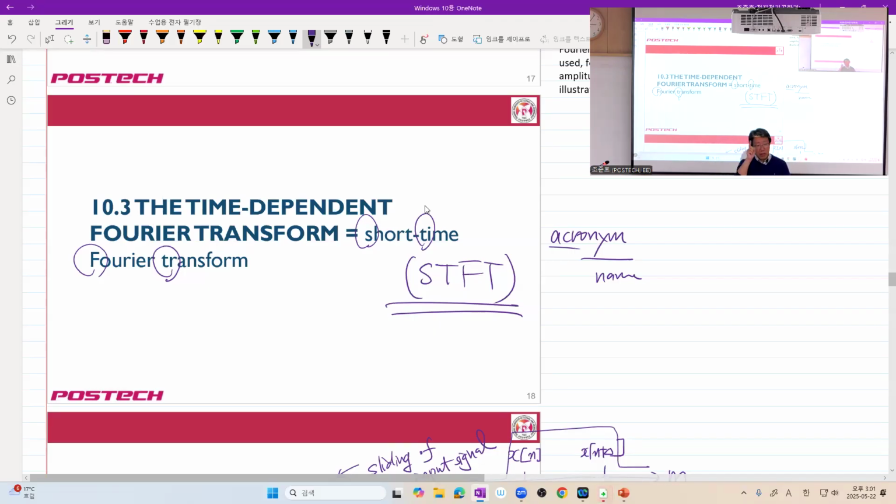Usually they have a lot of important buttons to show the result, show the file on your screen. One is, of course, the plot of the signal. And the second one is the short time Fourier transform.